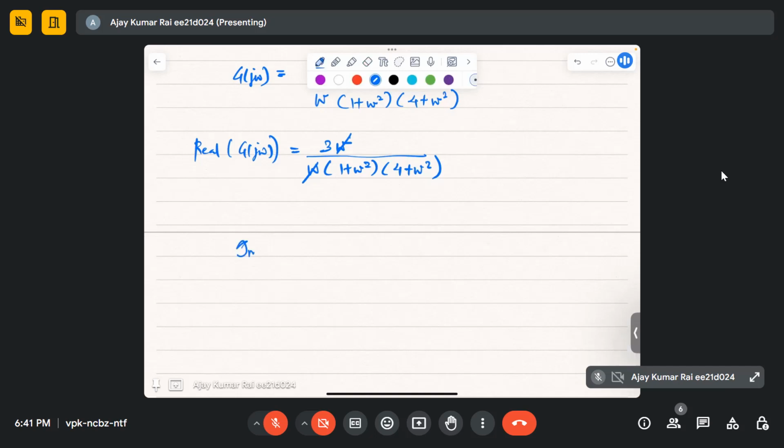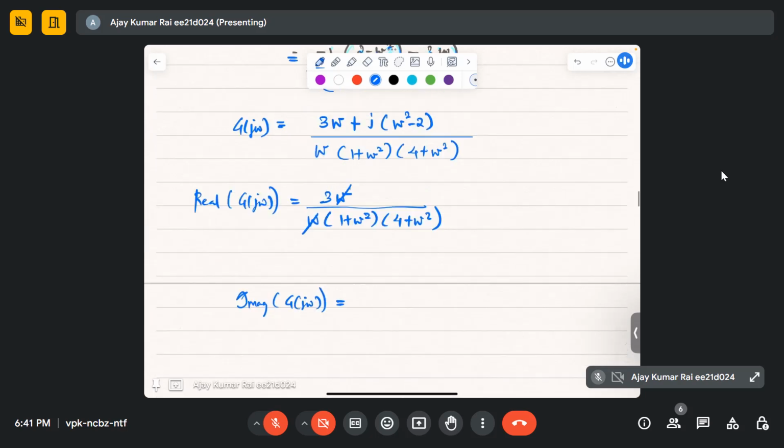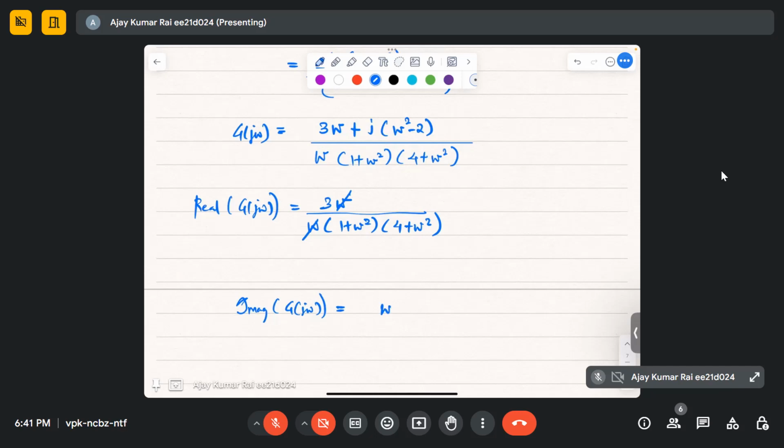And the imaginary part is, so what is the imaginary part? Omega square minus 2. Okay, this is the imaginary part.